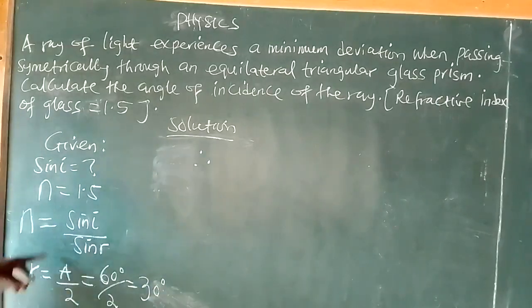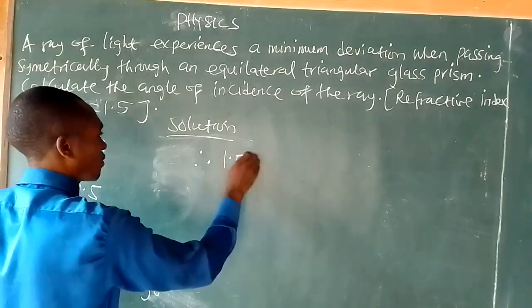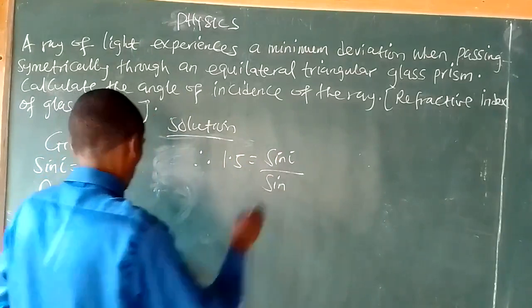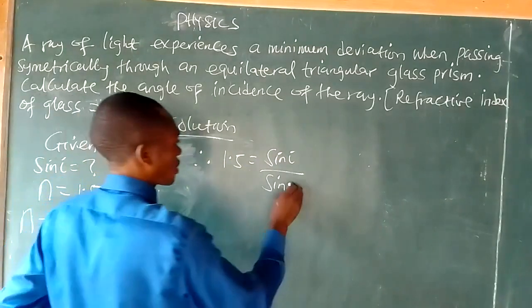So therefore what we now have is 1.5 equals sine I over sine R, where R is 30 degrees.